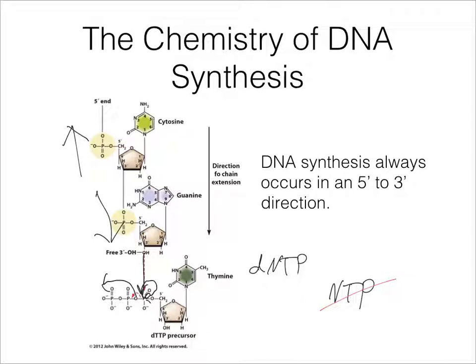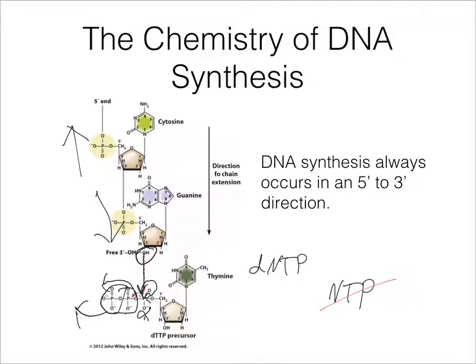For those of you who haven't had organic chemistry, just know that this double phosphate really wants to leave, and in order for it to leave, it has to bond to something else, and what's available is this oxygen there. So the free 3' hydroxyl bonds to what's called the alpha phosphate.